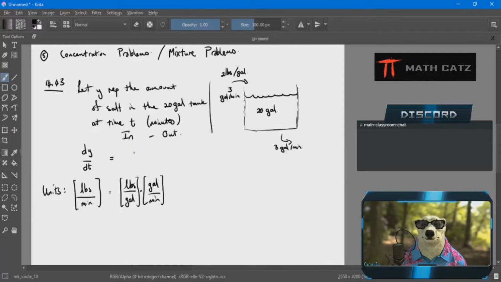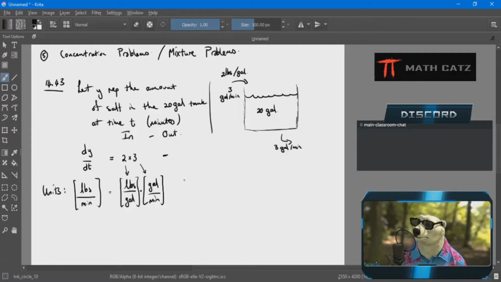So coming in, 2 pounds of salt per gallon at 3 gallons per minute will be 2 times 3. 2 for the pounds per gallon, 3 gallons per minute. So by keeping track of the units, I have that little help. So I'm just going to move this second term a little bit further out so I can have some space here.